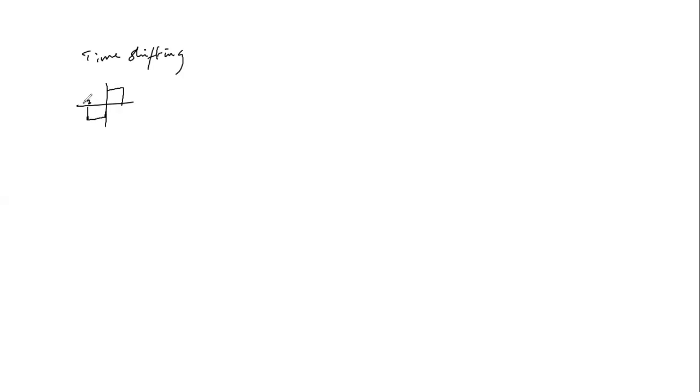This is -2. This is +2. The amplitude here is +2, while the amplitude here is -2. There's 0. This is s of t. And here we have the time parameter.